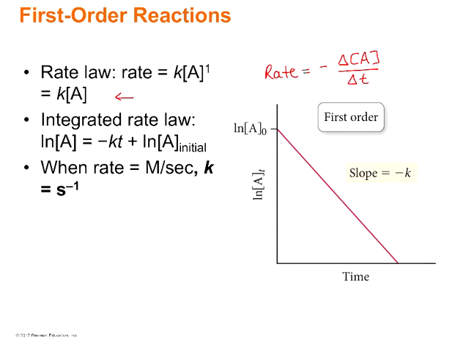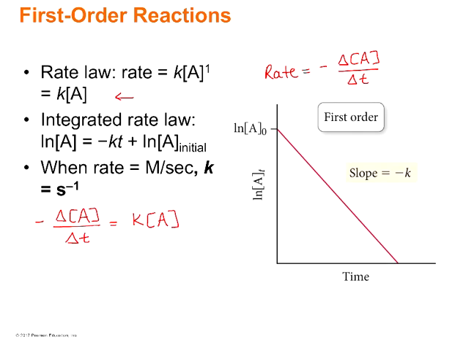So the change in concentration over time. So again, we can set those two things equal. So the negative delta A over delta t is equal to k times the concentration of A.